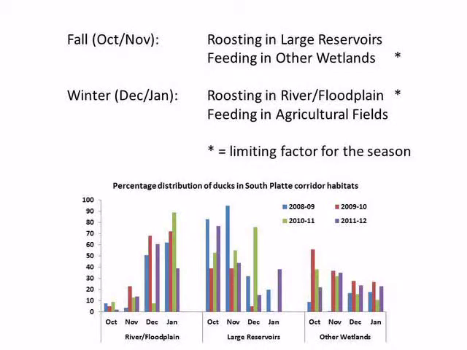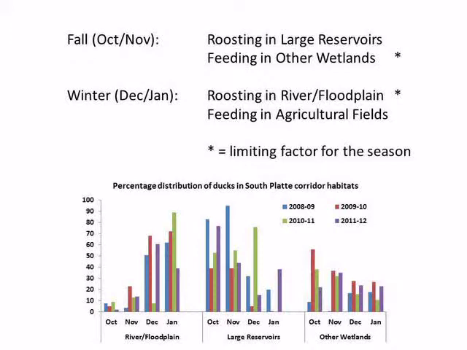This is the slide that Brian showed earlier, and it shows where waterfowl populations are during different seasons. In the fall, in October and November, they tend to be found on large reservoirs, roosting in reservoirs, and feeding in other wetlands. As the winter progresses, things start to freeze up, and they start to use river and floodplain more.